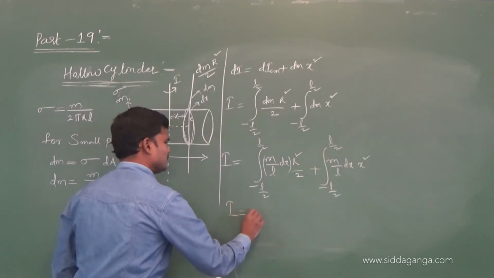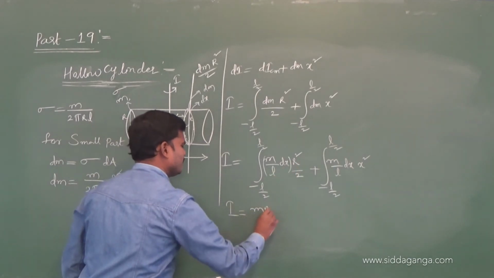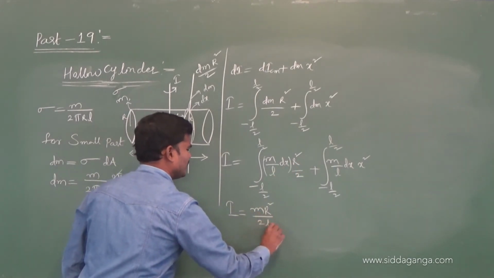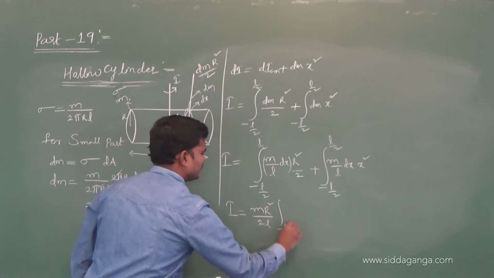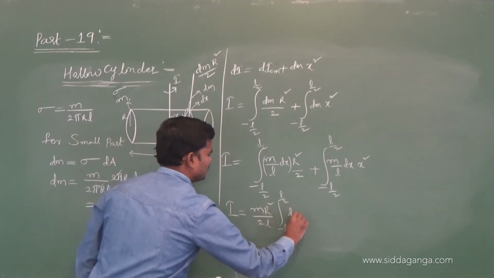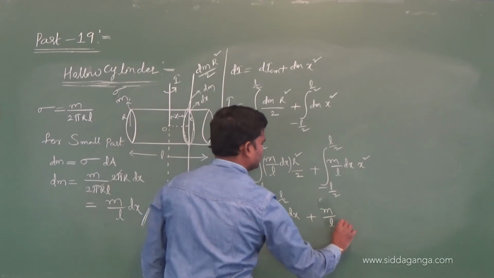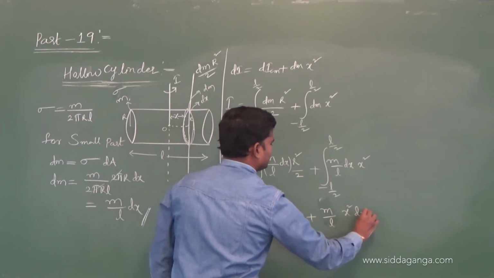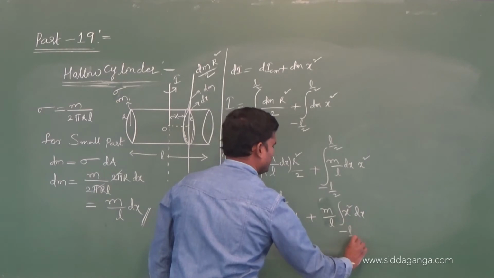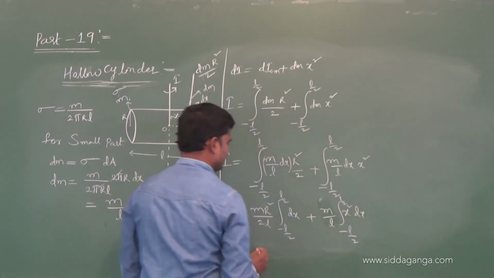So, I is equal to m r square by 2L, integration from minus L by 2 to plus L by 2 of dx, plus m by L, x square dx, integration from minus L by 2 to plus L by 2.